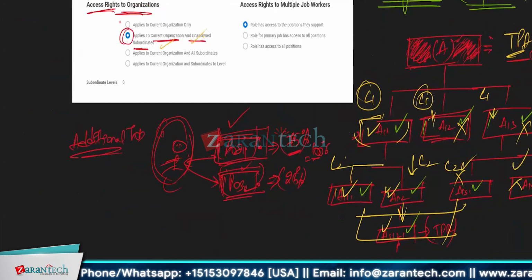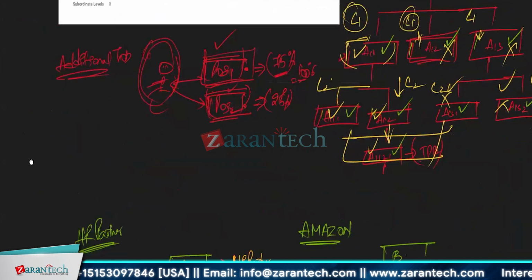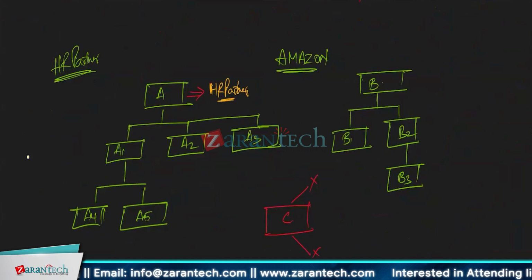It will apply to the current organization, so only to this org A. And what are the unassigned subordinates? This is assigned as a subordinate to A. This is assigned as a subordinate. This is assigned as a subordinate. This is assigned as a subordinate.